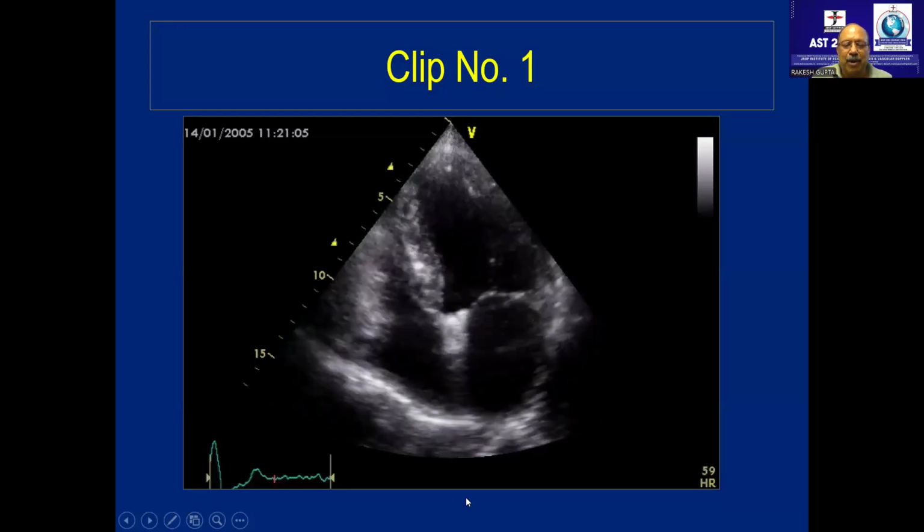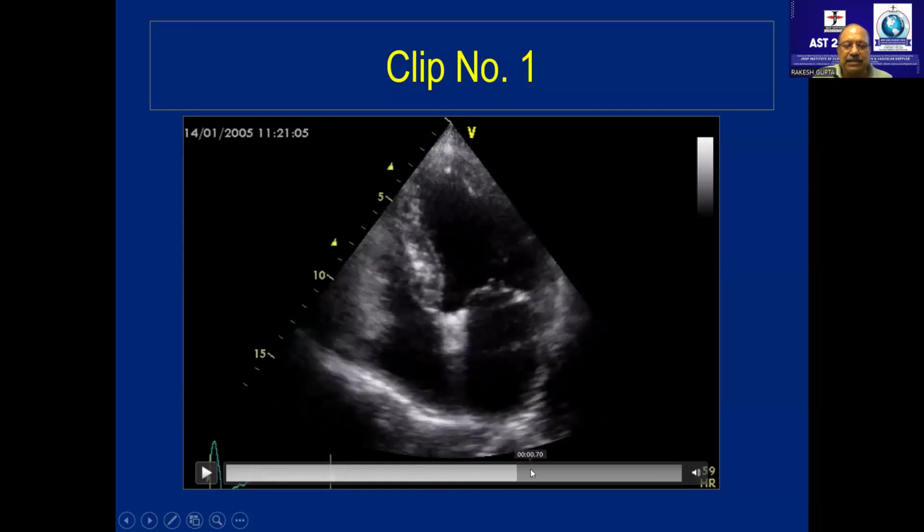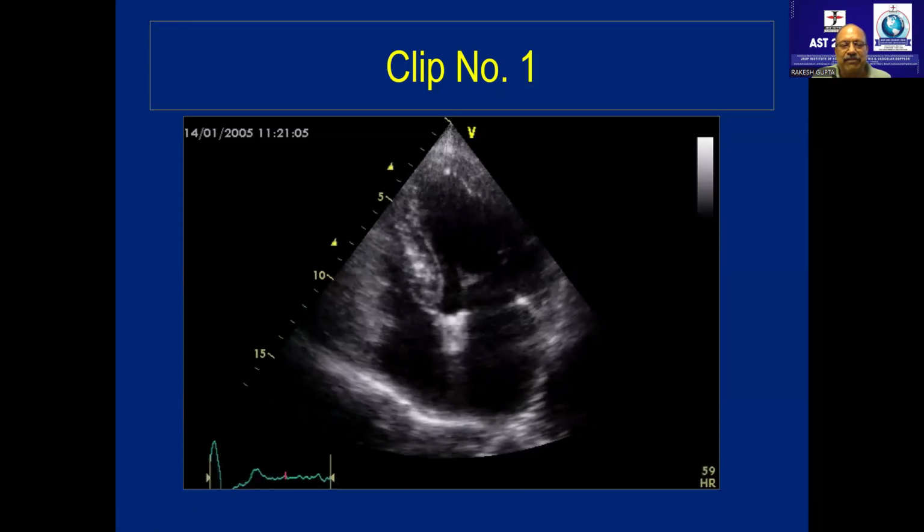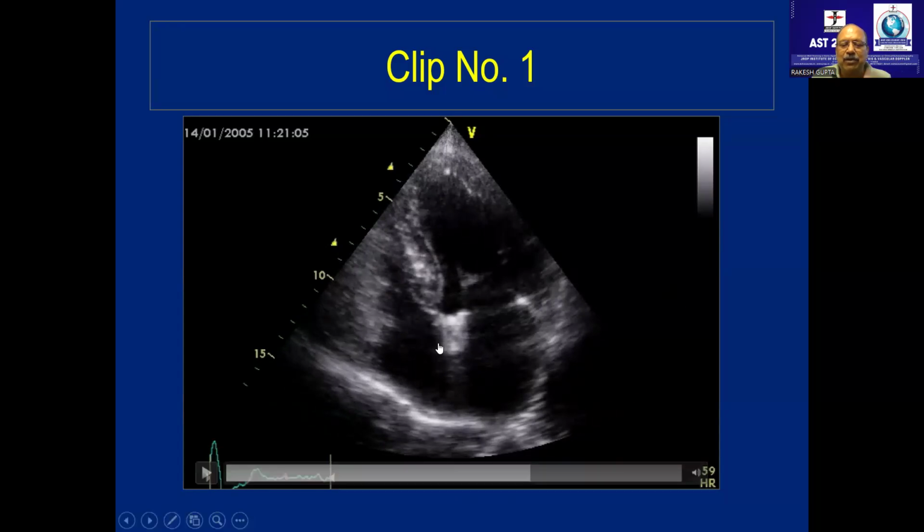One hinge point to the second hinge point will give you the diameter. Diameter divided by 2 will give you the radius. Pi r square will give you area, where r is radius and pi is 3.14. The square of the radius times 3.14 gives you the area. Then put a pulse wave Doppler spectrum across the mitral valve and trace the Doppler spectrum envelope. You will get the VTI. Area, pi r square, times VTI will give you the stroke volume.